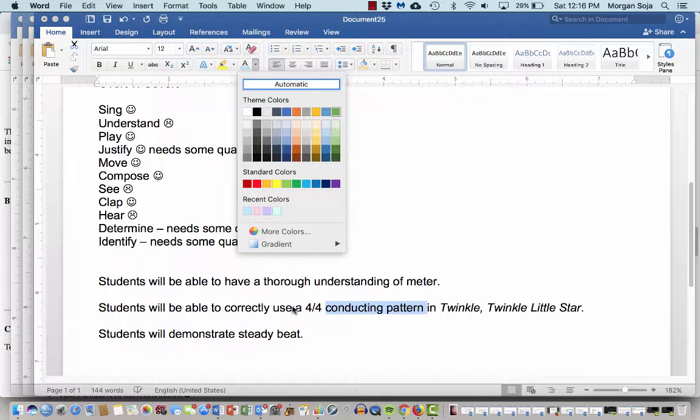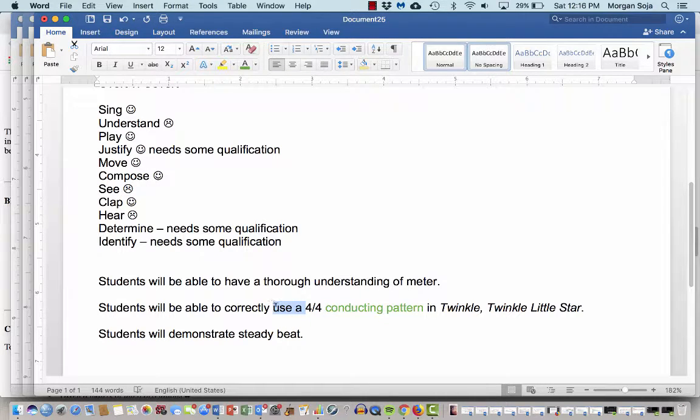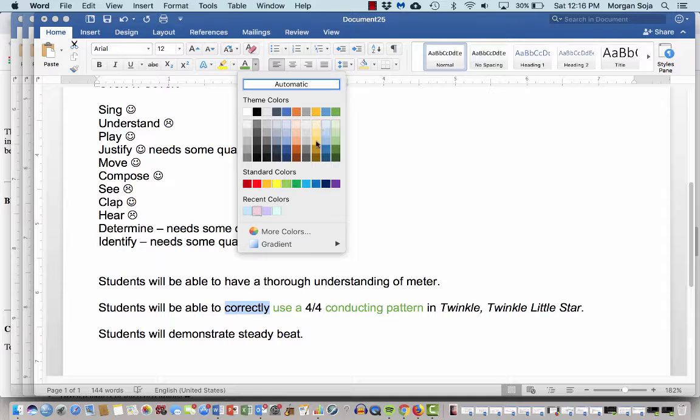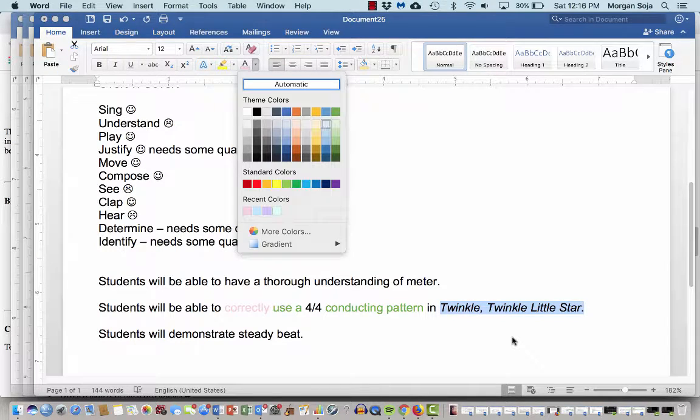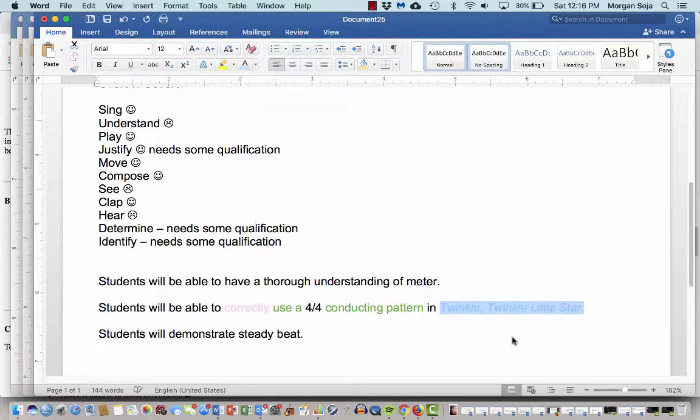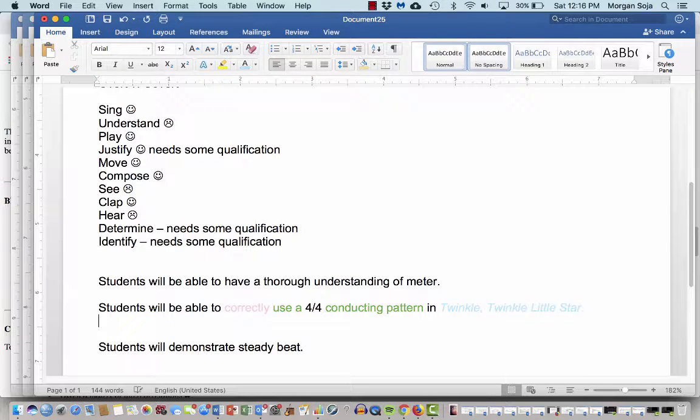So use a conducting pattern is my verb, and I guess use is the verb, but let's get the whole thing. And then we've got correctly. And can I make this even better? Is there a way that I can make this even more descriptive?